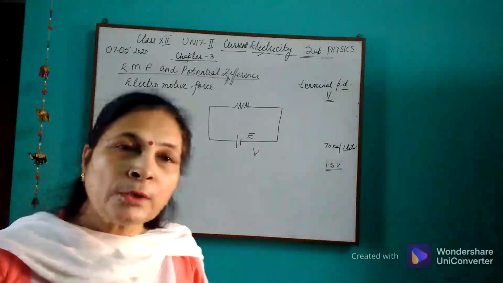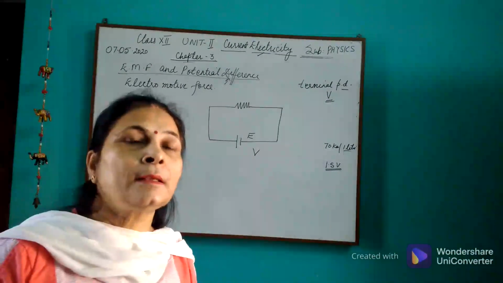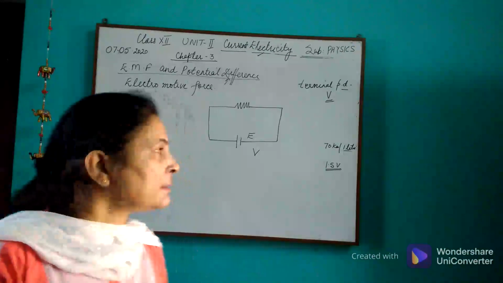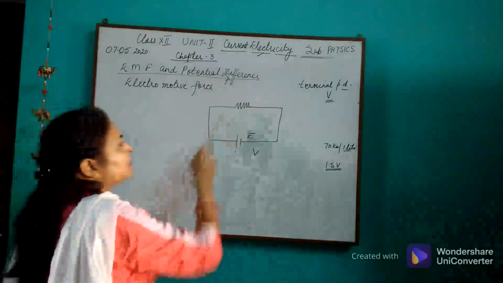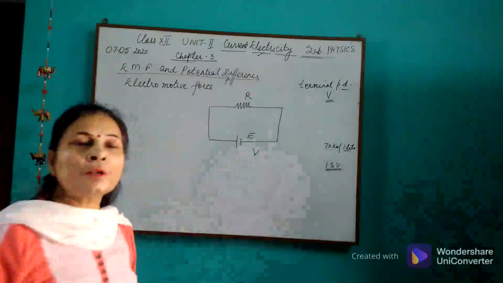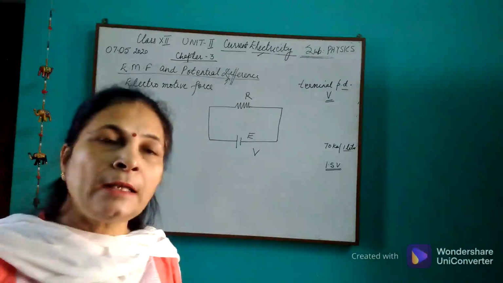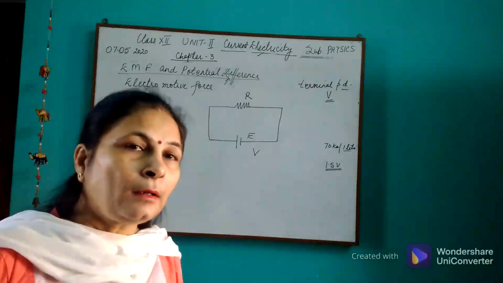See, one is internal resistance and another is external resistance. External resistance is the resistance connected in the circuit across the terminals of a cell or any other source of potential difference.